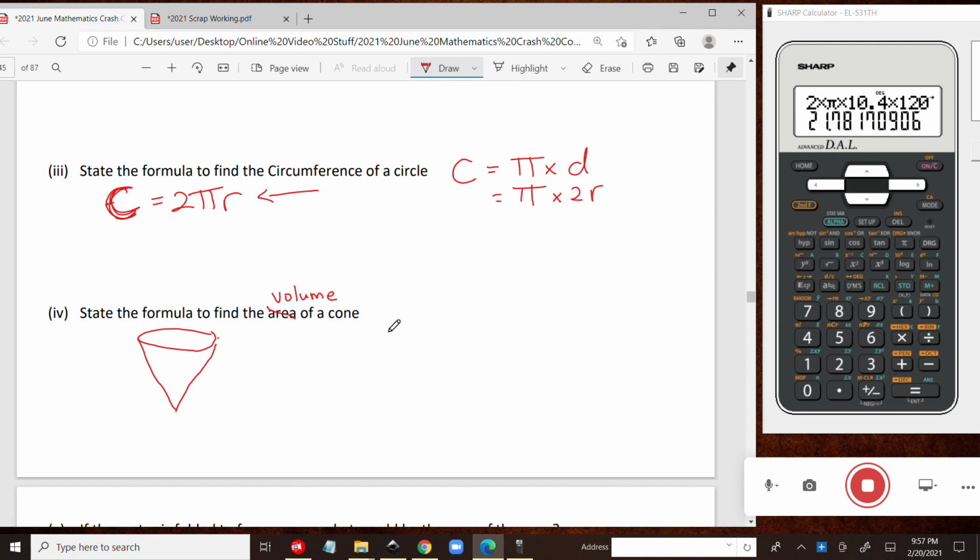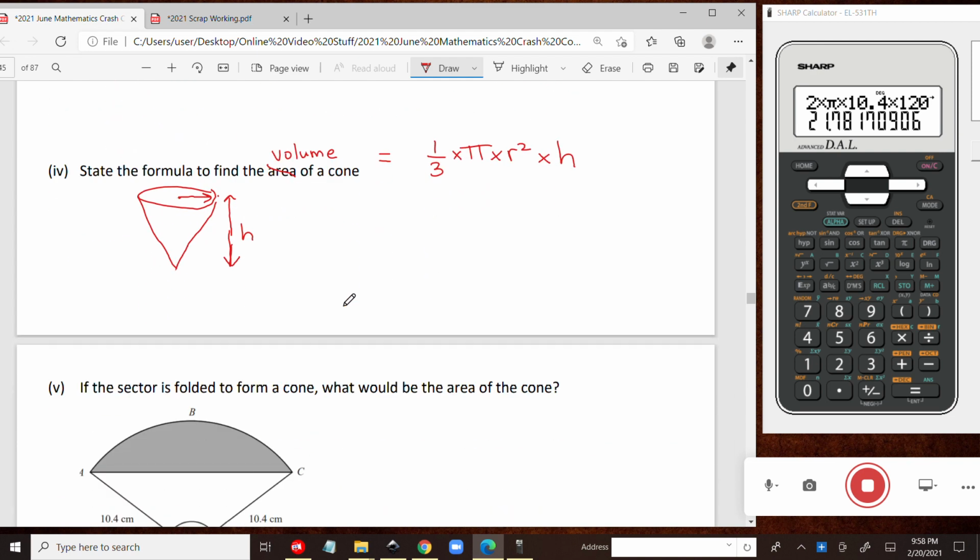The volume of a cone is 1/3 multiplied by pi r squared multiplied by the height. When you talk about the radius of a cone, the circular part has a radius. And of course, a cone must have a height.